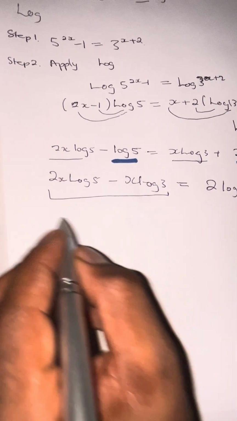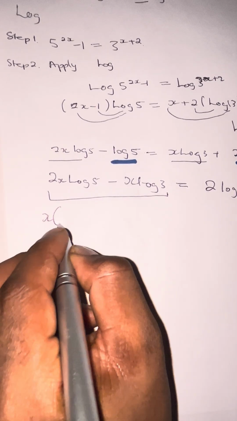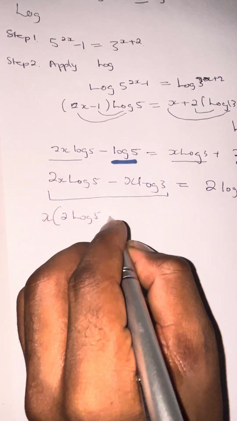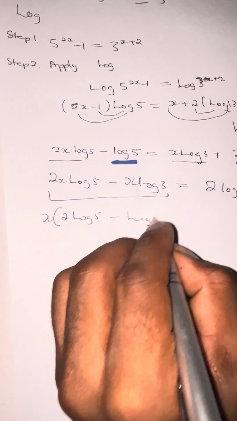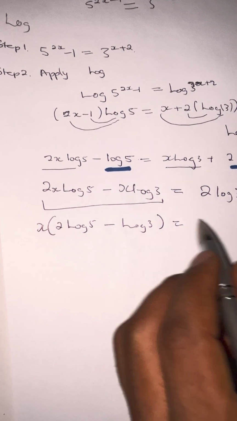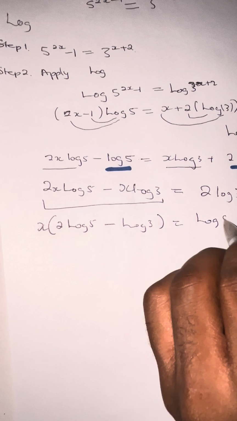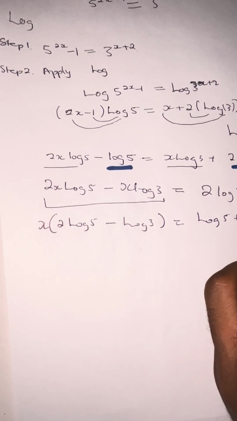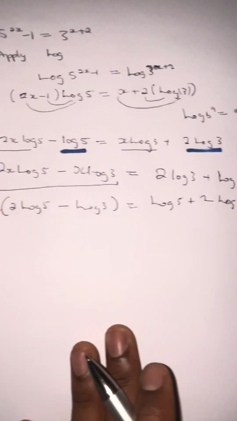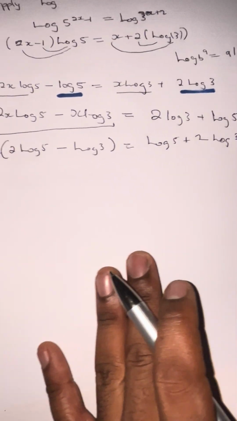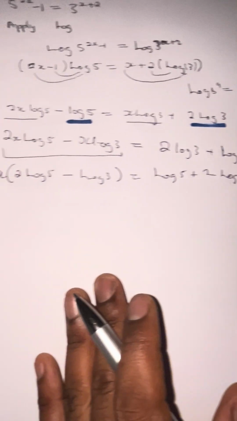We'll say x (2 log 5 minus log 3) is equals to log 5 plus 2 log 3, sorry for that.